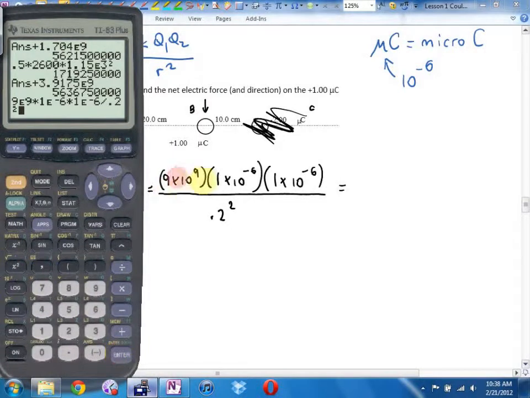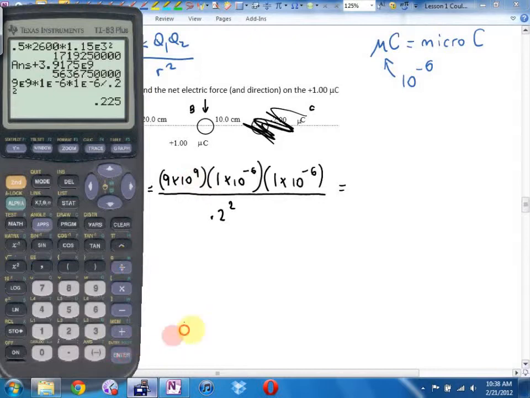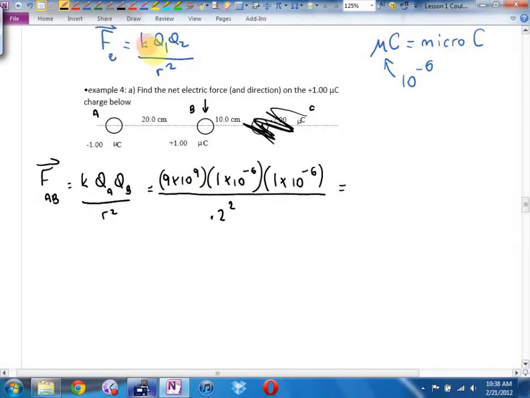This is K. K is 9 times 10 to the 9. It's on your formula sheet. It's the constant K in this equation here. Here's the equation. What's K? That's from your formula sheet.